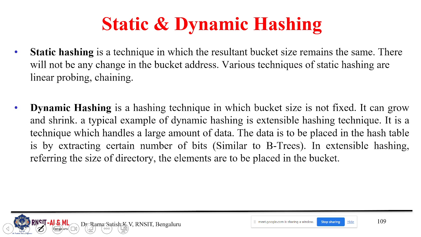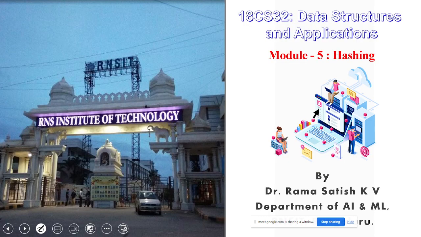That data is to be placed in the hash table by extracting a certain number of bits. So it is totally based on the number of bits, referring to the size of the directory or the elements that are placed in the bucket. That is the thing that you have to understand.